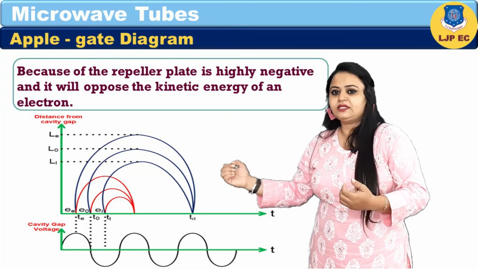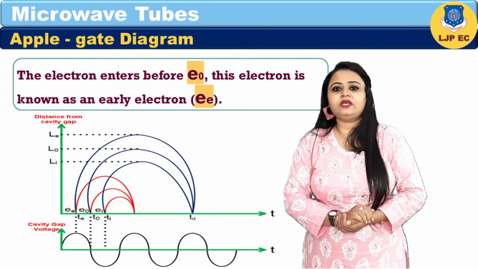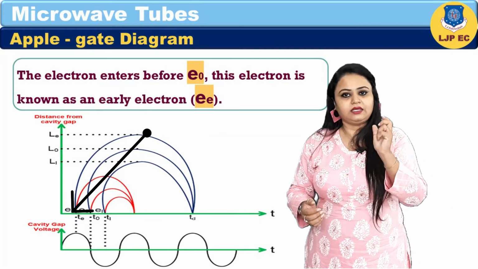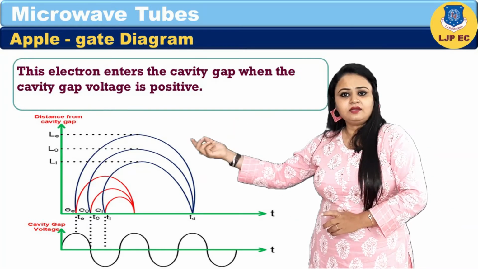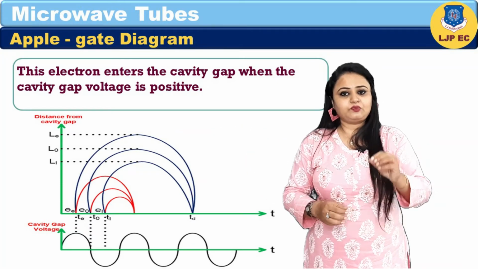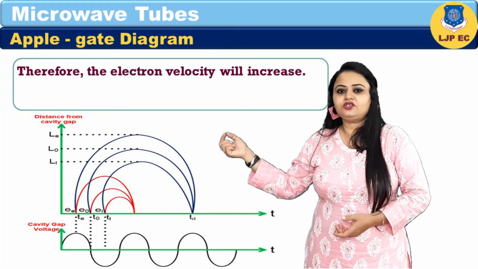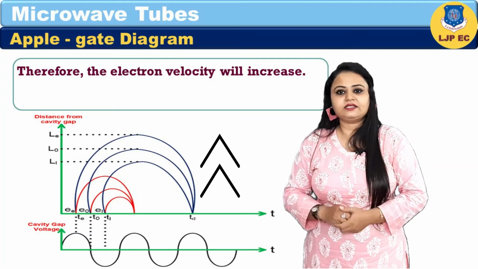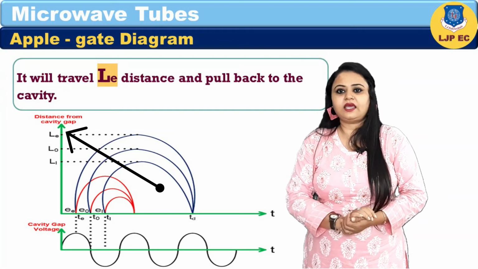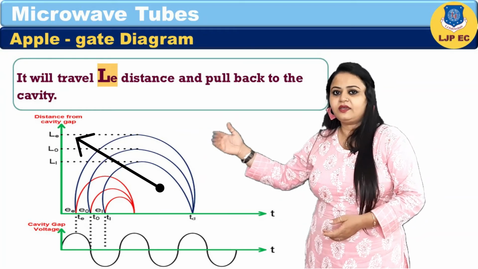One electron enters before E0. This electron is known as the early electron, denoted by EE. This electron enters the cavity gap when the cavity gap voltage is positive, therefore the electron velocity will increase. It will travel LE distance and be pulled back to the cavity.